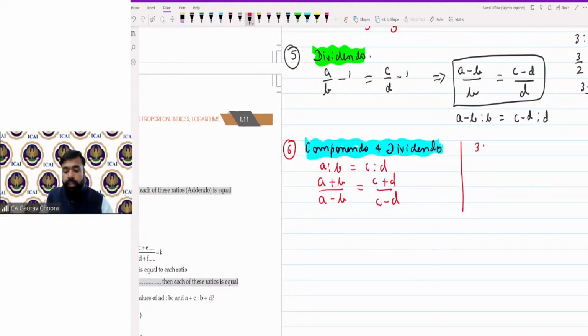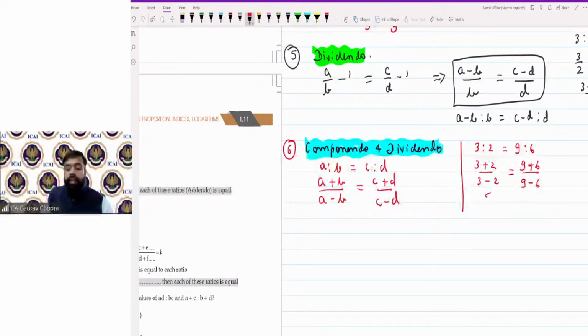Let's take the same example. 3 ratio 2 is equal to 9 ratio 6. Now apply this property. 3 plus 2 upon 3 minus 2 equal to 9 plus 6 upon 9 minus 6.